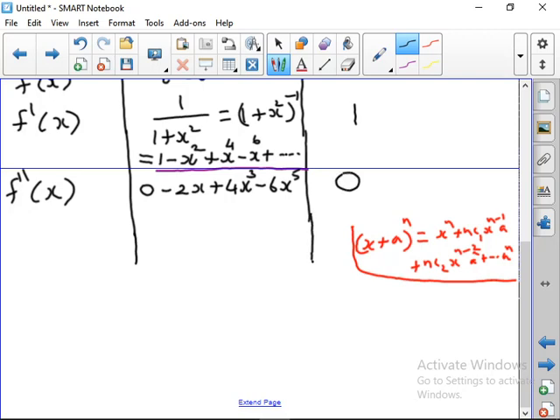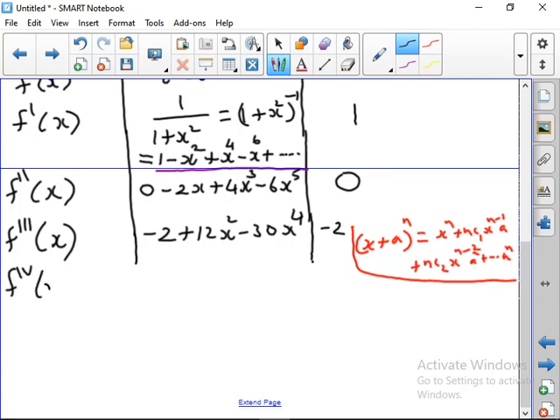Then f triple dash of x. So f triple dash of x, differentiate this again. Minus 2 plus 12x square minus 30x power 4. So when you put x is equal to 0, we get minus 2. Then f4 of x.